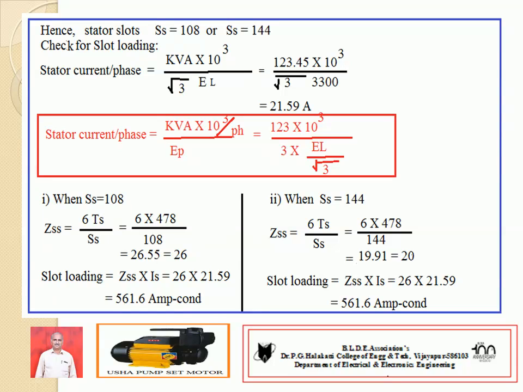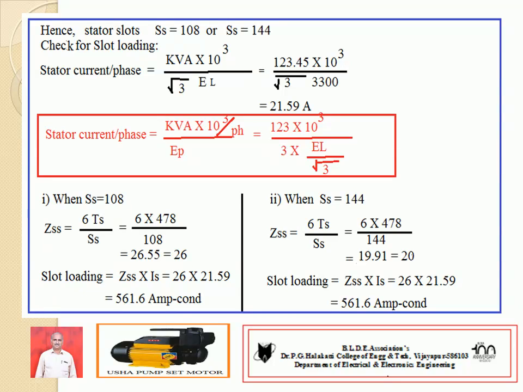Whichever you feel easy, you can take. In this problem, star connection is given, hence EL by root 3. So stator current becomes 21.59 amperes.